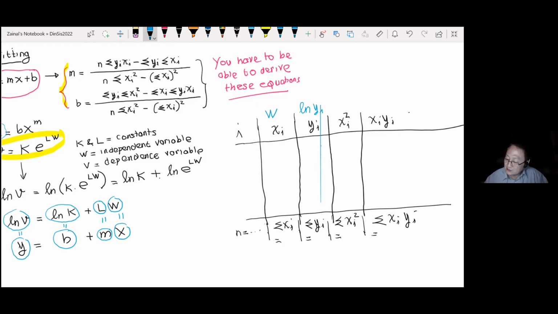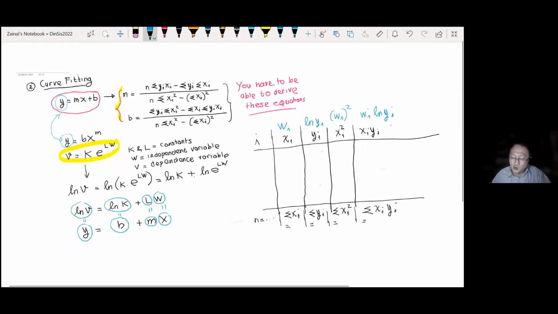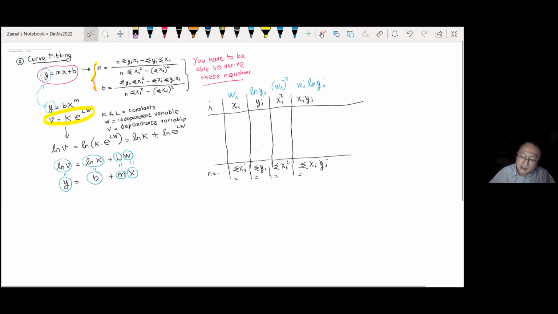Okay, so this one we have Wi and ln yi. Basically this one is Wi squared, and this one you multiply this by this, which is Wi multiplied by ln yi, etc. So you just follow the previous derivation and you can obtain the m and n.